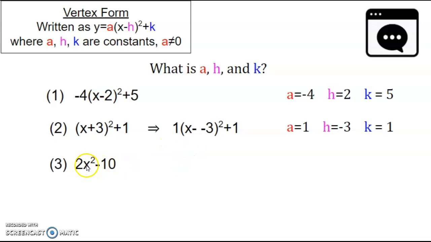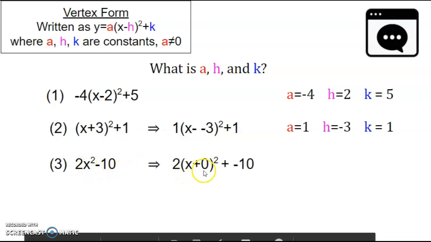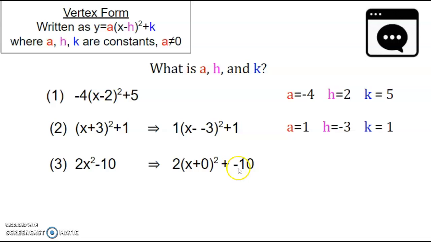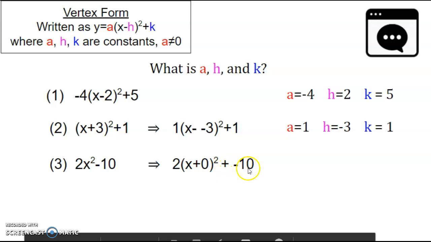What about this? 2x squared minus 10. Well, this is the same as 2(x plus 0) squared plus negative 10, right? So what you're adding is a negative 10. So again, you can always separate this negative 10 as adding its opposite, or adding its negative.